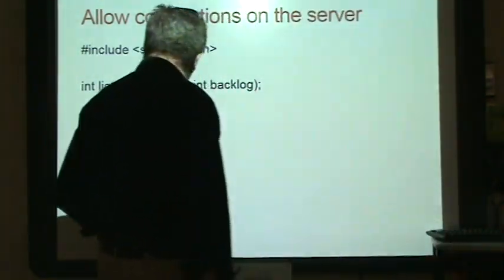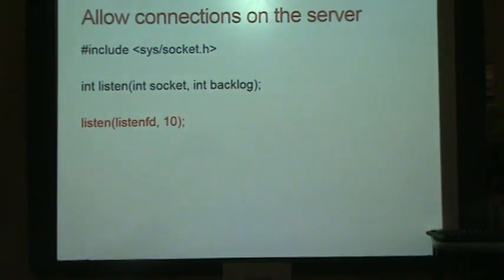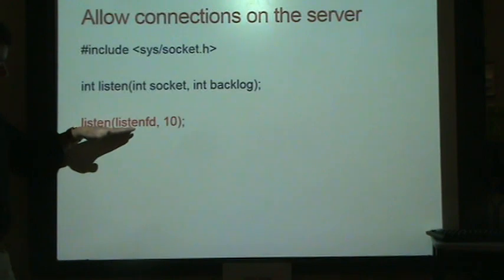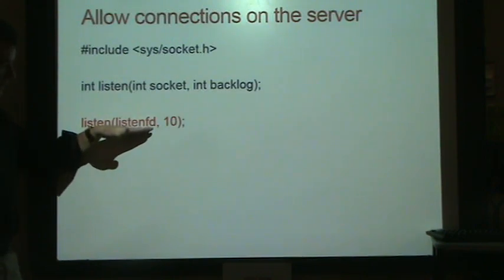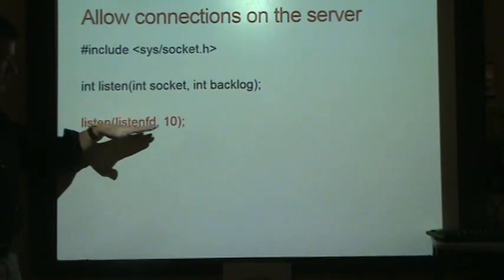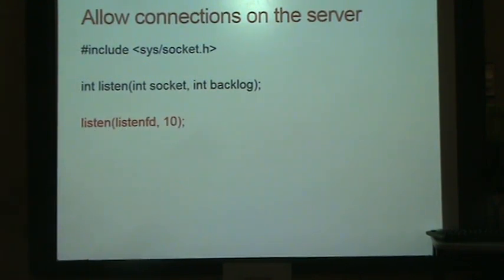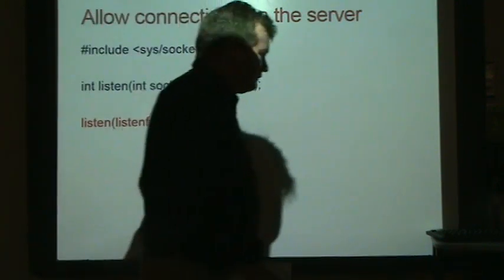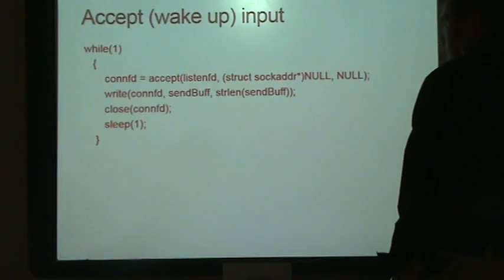And then on the server side, if we did a listen, we're taking the listen file identifier, which is really the socket in this example. It has been bound to a port number, and we're saying up to 10 connections can come in and can queue up for that service.